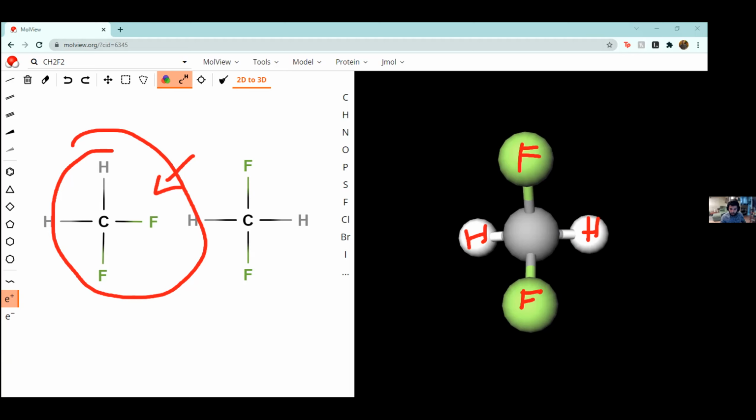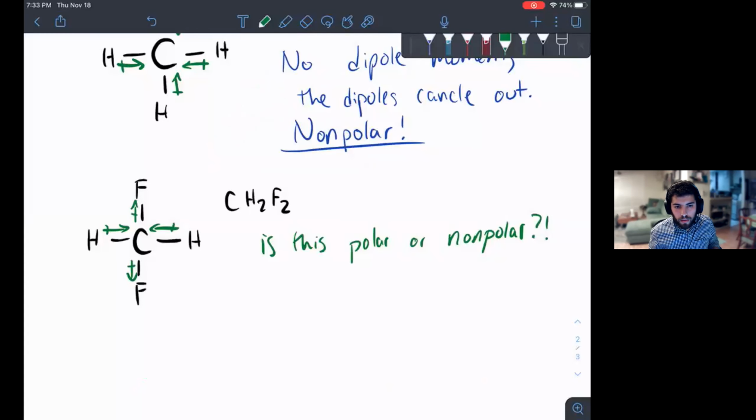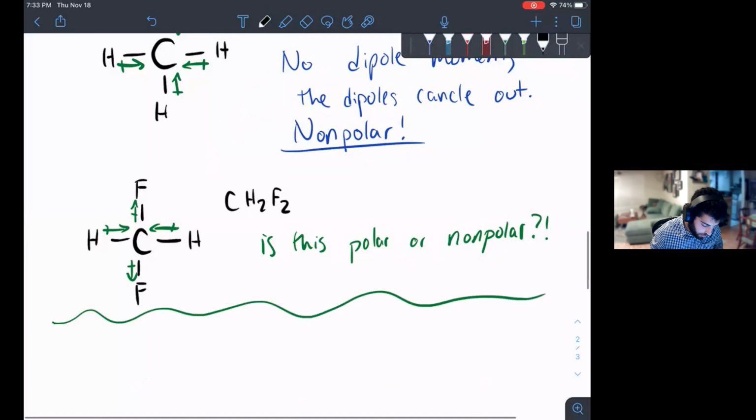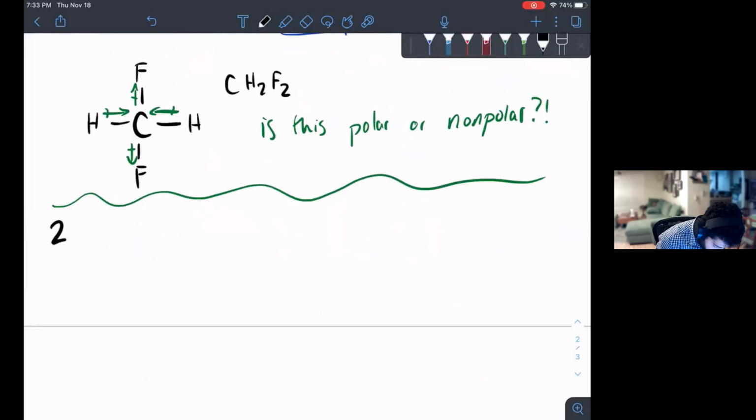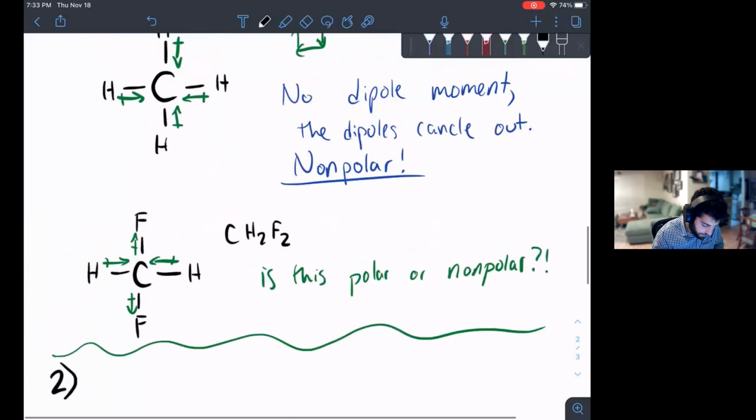So that's a little bit of a confusing take, but hopefully the second method in determining polarity will help you all out. So let's go ahead and move on to method 2. All right. So method 2 is going to be pretty basic.